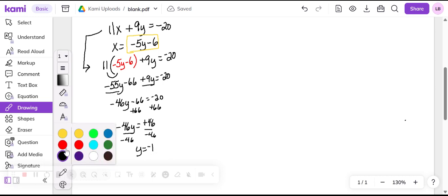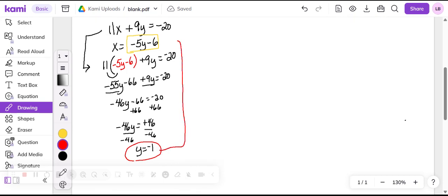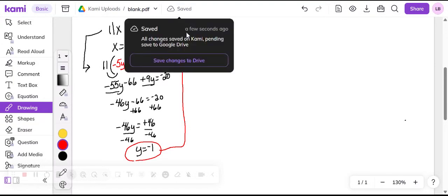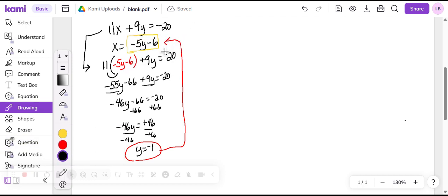Now I can take this y is equal to negative 1 and substitute back up in the other equation. Anywhere that I see a y, I'm going to replace it with negative 1. x equals negative 5 times negative 1 minus 6.